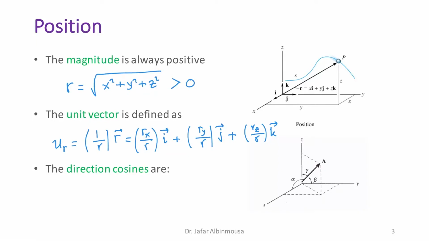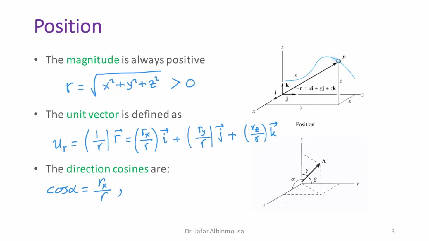Now, in order to determine the direction of the position vector, which is represented down in this schematic, we have what we call the direction cosines. These are the angle alpha, which is mathematically represented by cosine alpha, equal to r_x divided by r.